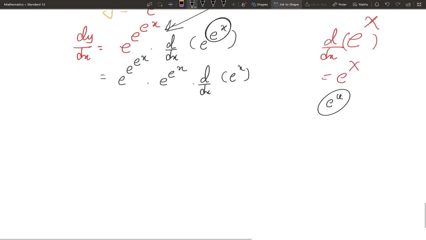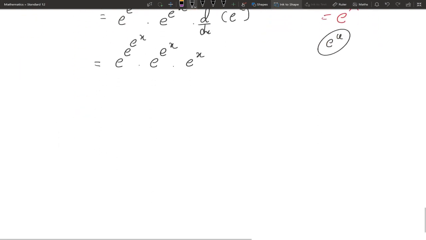So now finally we get the answer: e raised to x into the derivative of e raised to x. So this is the derivative of y equal to e raised to x.